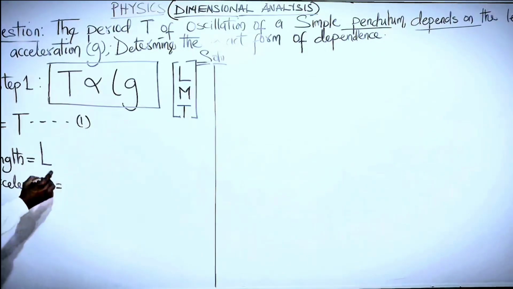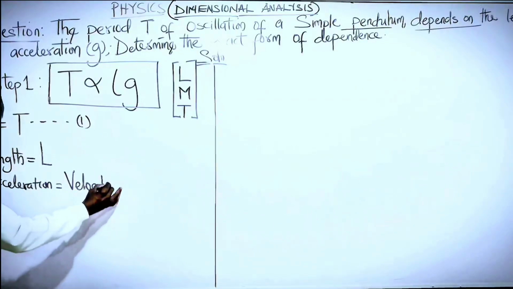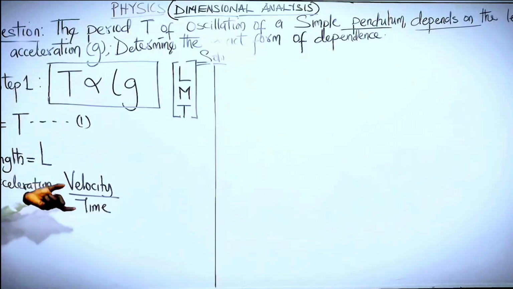From our video, we know that acceleration is velocity over time. I've done an explanation of all of this in the previous video. Maybe I'll leave the link of that video in the description box, so you can get acquainted with what we're doing.